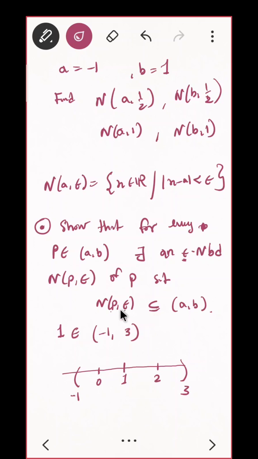Neighborhood means you need to give me an epsilon such that the neighborhood that comes should lie inside the bigger interval. What will be my epsilon? What will be the epsilon? What should I take epsilon? Yes, you are correct sir, this interval lies inside it. Now which value of epsilon will make this interval my neighborhood of this point?